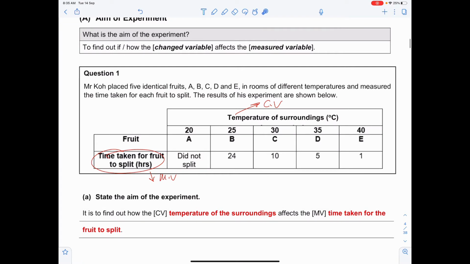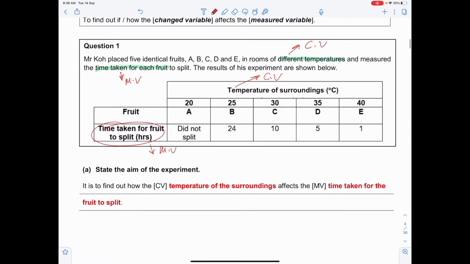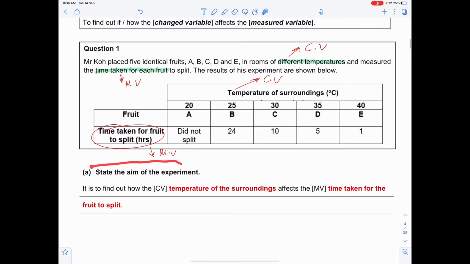So example, the first question. Mr. Ko placed 5 identical fruits, A, B, C, D, and E in rooms of different temperatures and measured the time taken for each fruit to split. So right off the top, different temperature is your change variable, and the time taken for each fruit is your measured variable. Then the question asks, state the aim of the experiment.